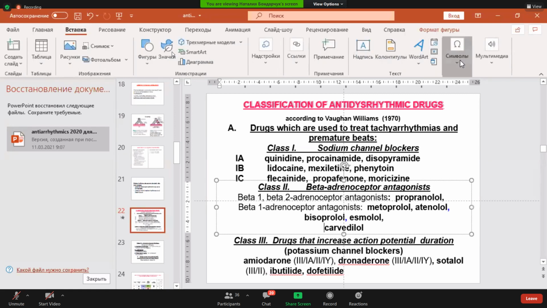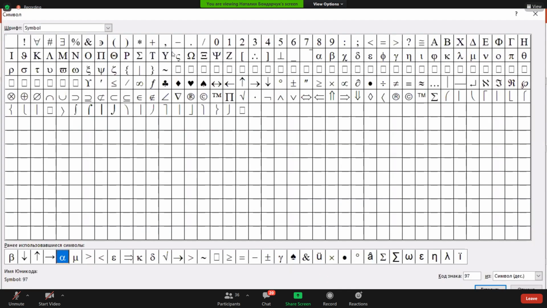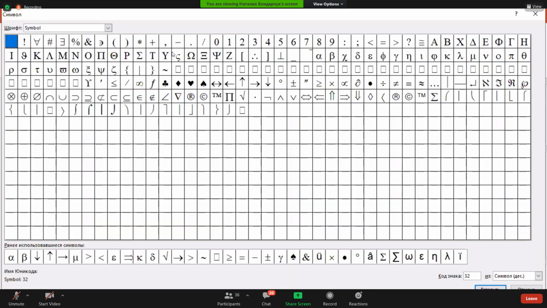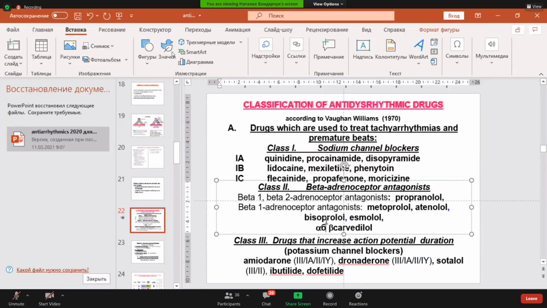Together with you, I will put here the mechanism of action of such drug. Alpha and beta adrenoblockers. Carvedilol.